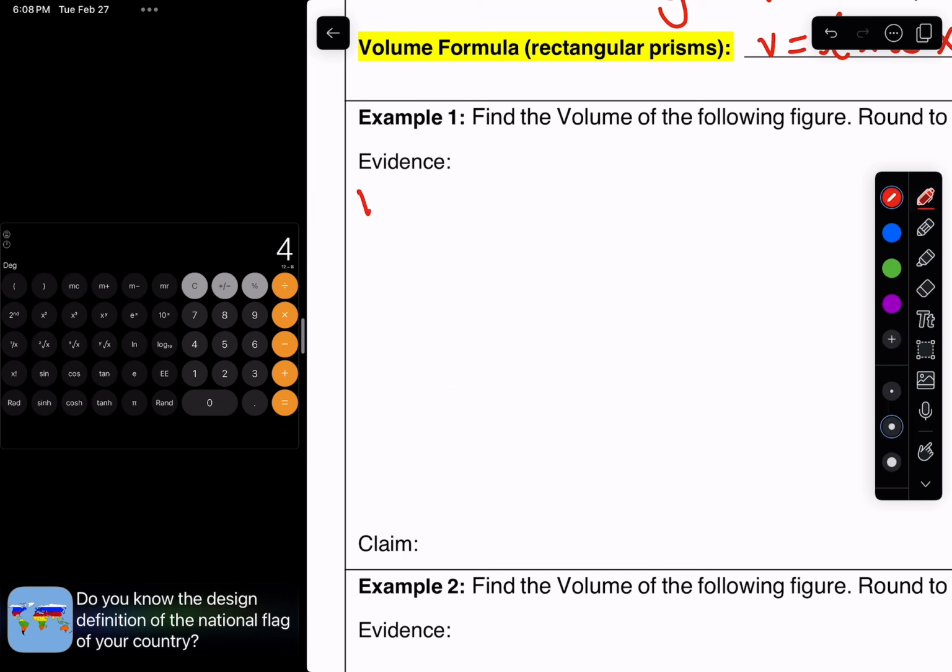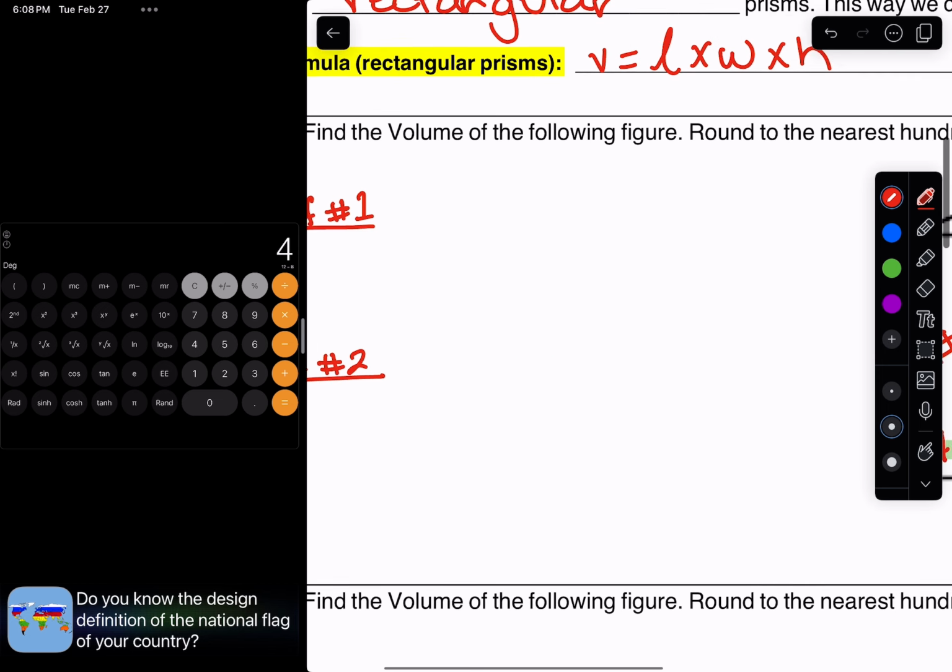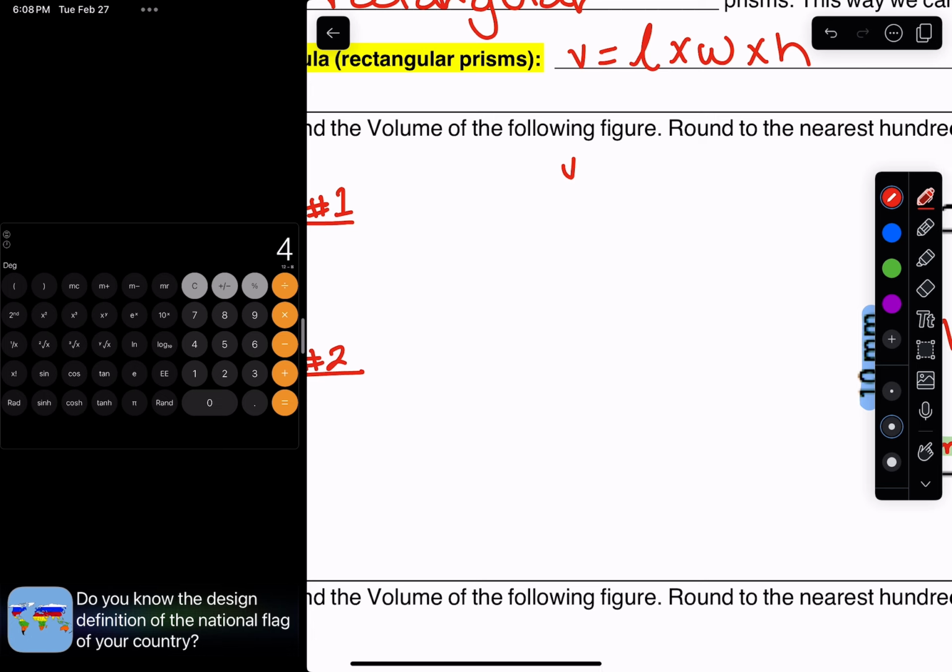So it's going to be volume of number 1, and then volume of number 2. And then in the end, we're going to want to do volume of number 1 plus volume of number 2 is equal to the volume of the whole thing. So I put a W.